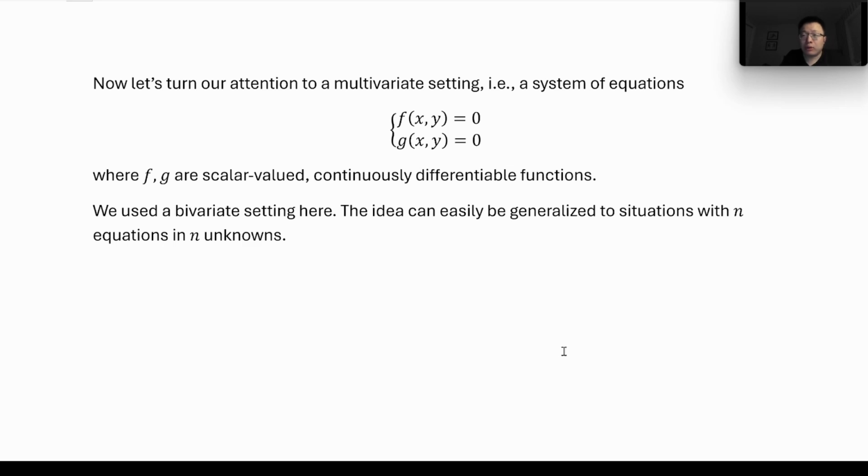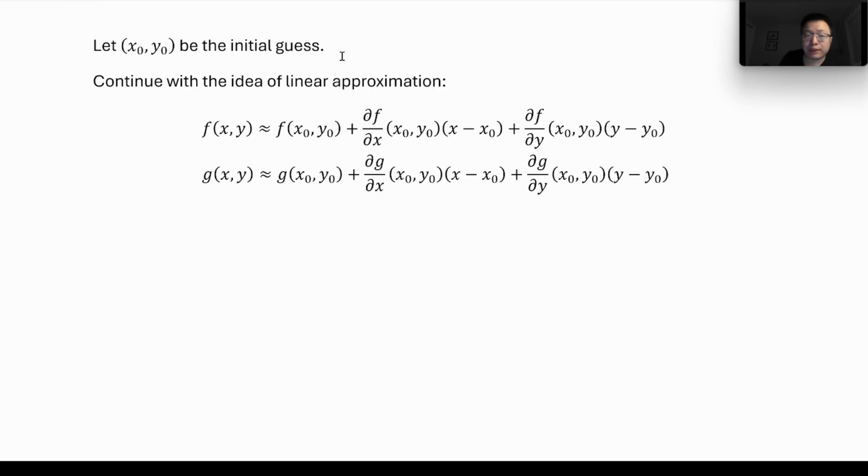And once again, the overarching idea is still linear approximation. Let x0, y0 be the initial guess. F of x, y is approximately equal to f of x0, y0 plus the first order partial derivative of f with respect to x evaluated at the point x0, y0, times x minus x0, plus the first order partial derivative of f with respect to y, once again evaluated at x0, y0, times y minus y0.